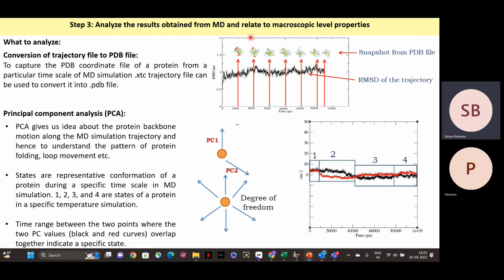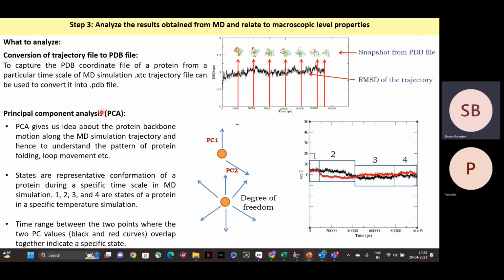So instead of studying a constant time, if we want to see how the orientation of the protein is changing at different times, we can study the snapshots that are saved as PDBs.